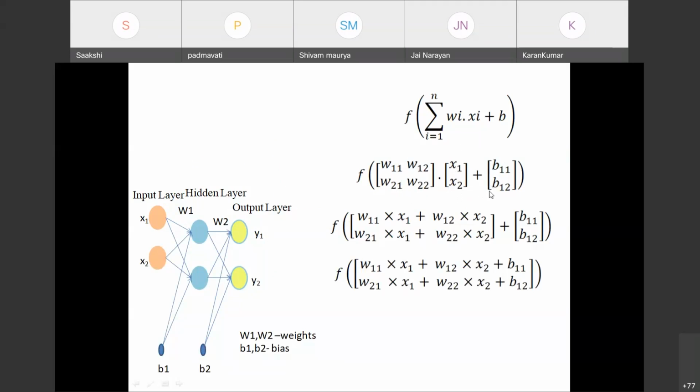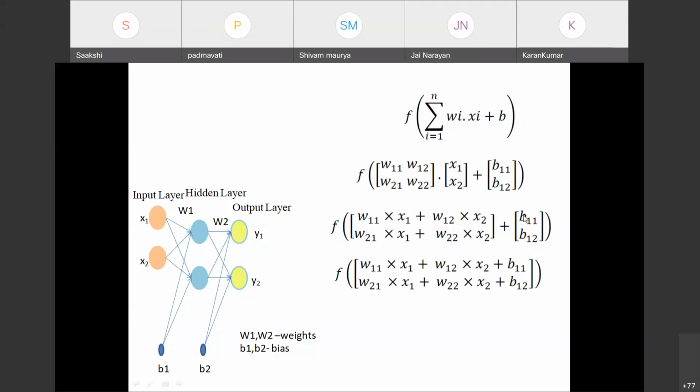One term of the bias is passed to the first neuron of the hidden layer, and the second term is passed to the second neuron of the hidden layer.